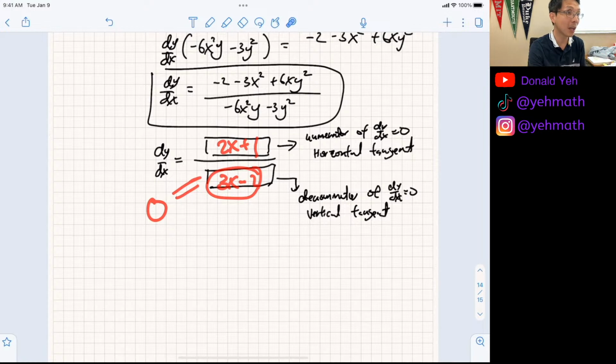Now, if some number over 0 is dy dx, that means dy dx is undefined. If it's undefined, then it's a possible vertical tangent. Not always a vertical tangent, because sometimes it could be a vertical asymptote. So you have to check the original function to see whether they are asymptotes or not. If they are not asymptotes, then more likely they are vertical tangents. Almost 99.9% proof, but you have to double check the original function. Does that make sense? Yes. Okay.